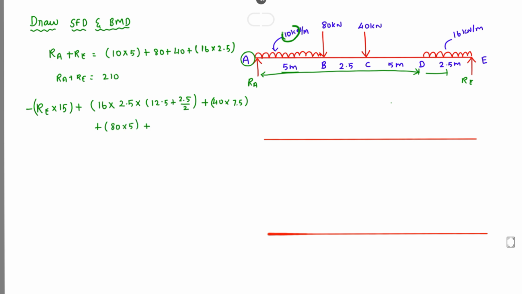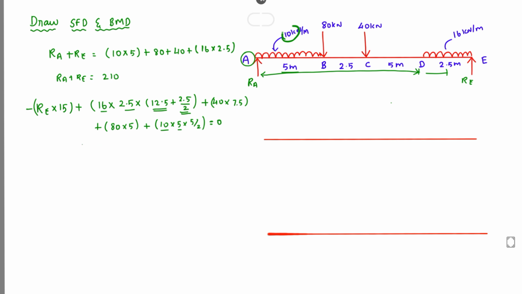Then plus 10 into 5 into 5 by 2, that is the load into distance by 2. Now we add these distances and solve, equal to 0.